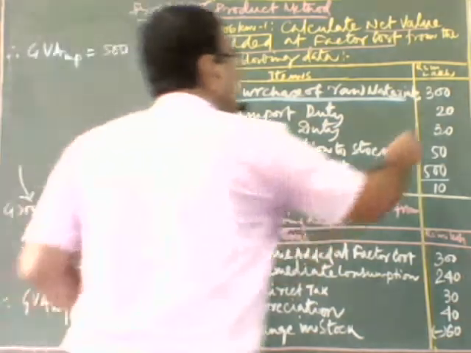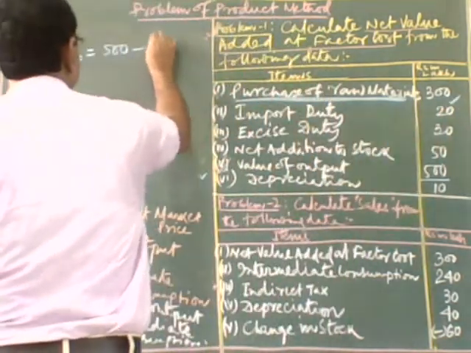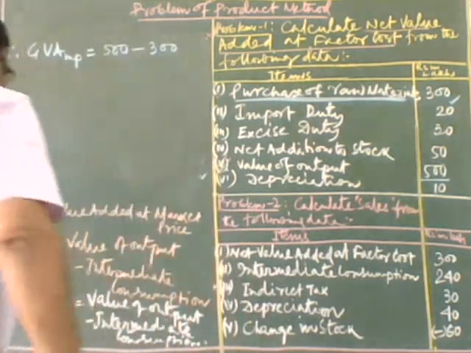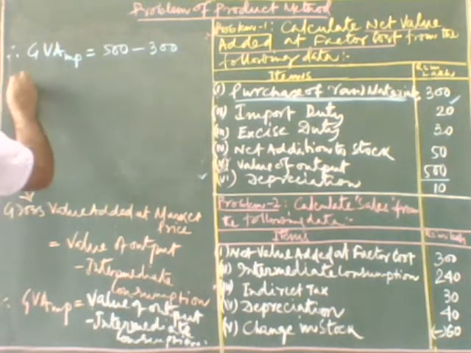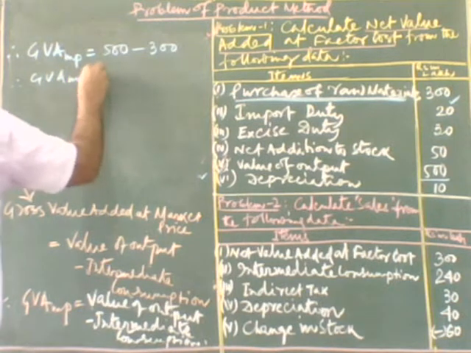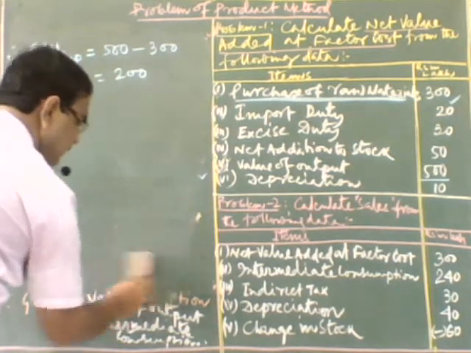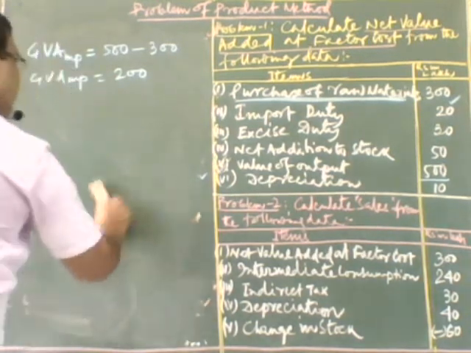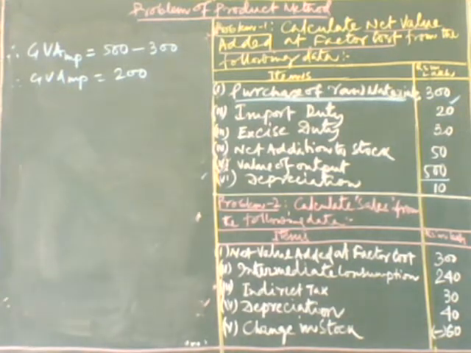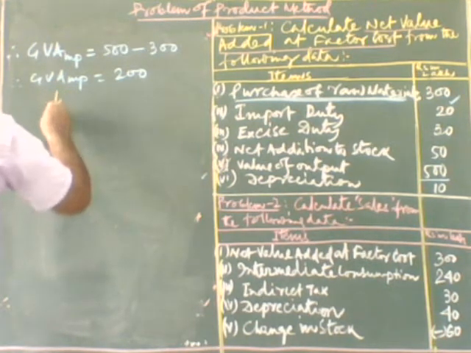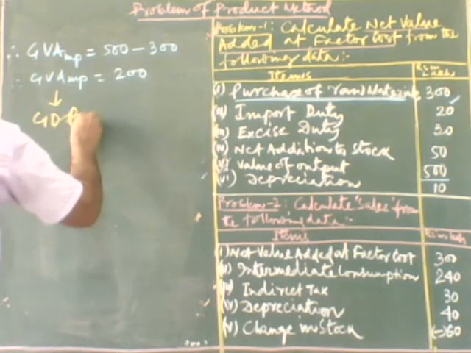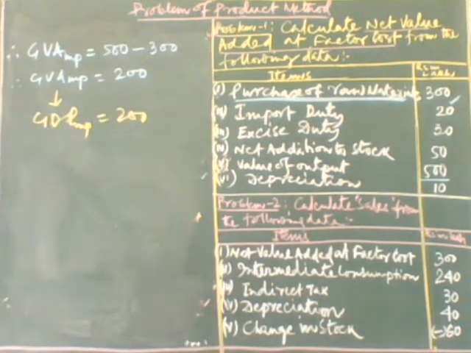Intermediate consumption here is 300, so 500 minus 300. Therefore, GVA at market price is equal to 200. And GVA here means GDP at market price. That value is 200.